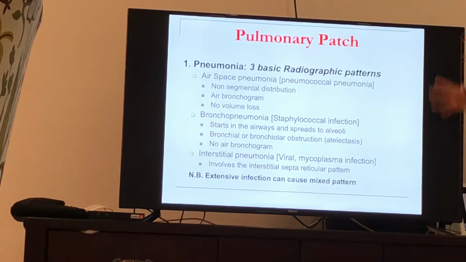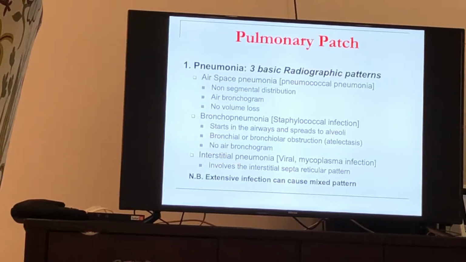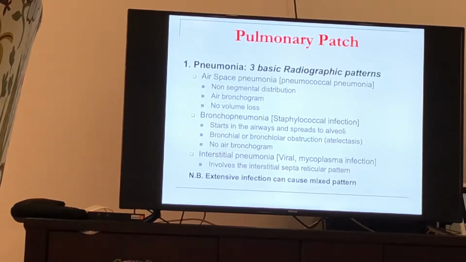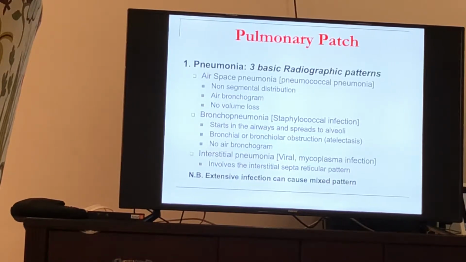But any of those organisms can do any of those. Of course, if you have extensive infections or multiple factors, then you can have different patterns in the same patient. So you can have a lobar pneumonia in one area and a bronchopneumonia picture in the other lung, for example. Okay?